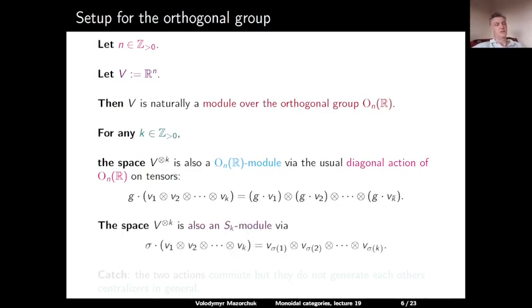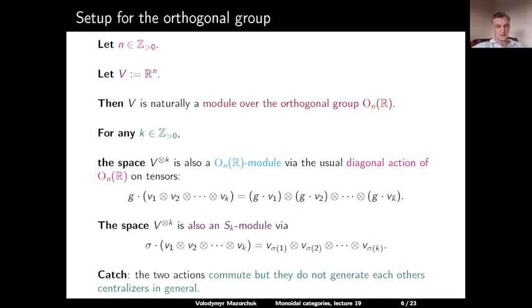And of course, just as in the previous example, this tensor power of V is also an Sk-module, where a permutation acts on the tensor product of vectors by permuting the indices of these vectors.